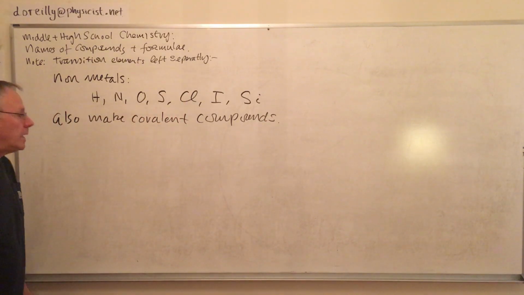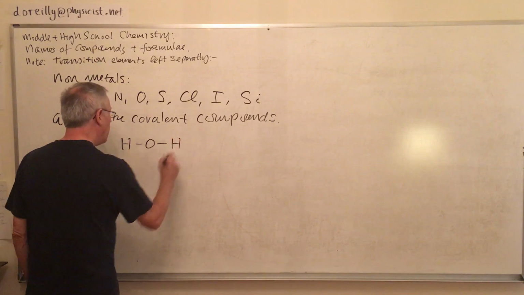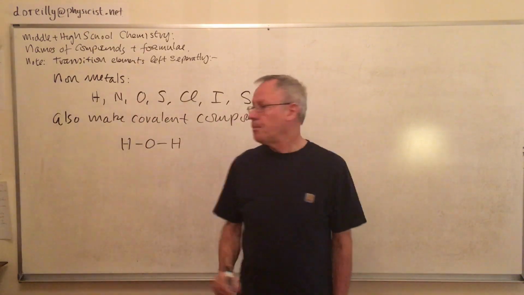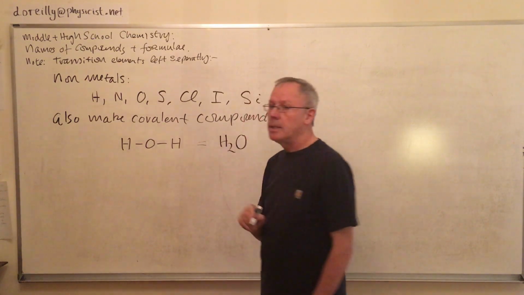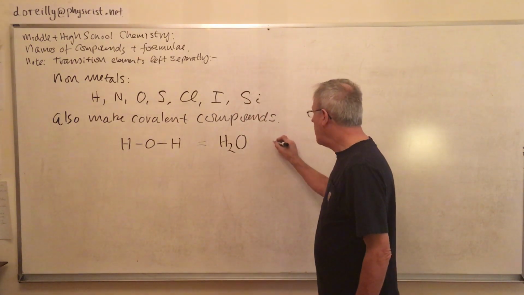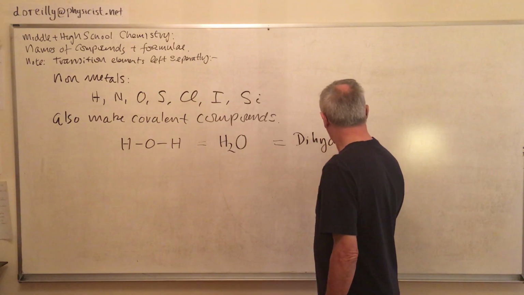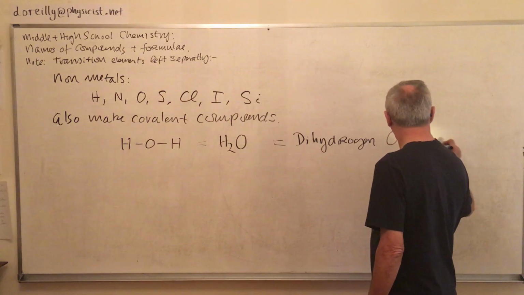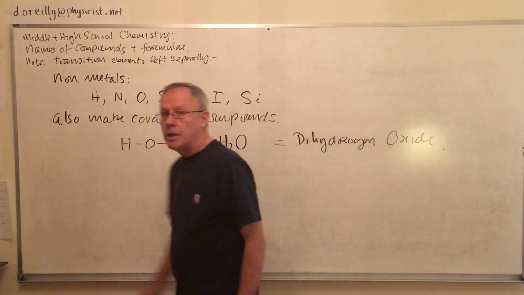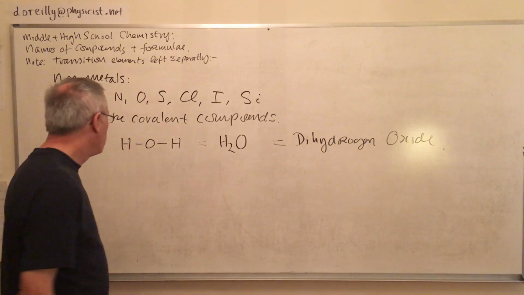Let's look at some covalent compounds. Yeah, you recognize that one? Usually it's written like that. Let's name it. You could call it dihydrogen oxide, or it could be just hydrogen oxide.